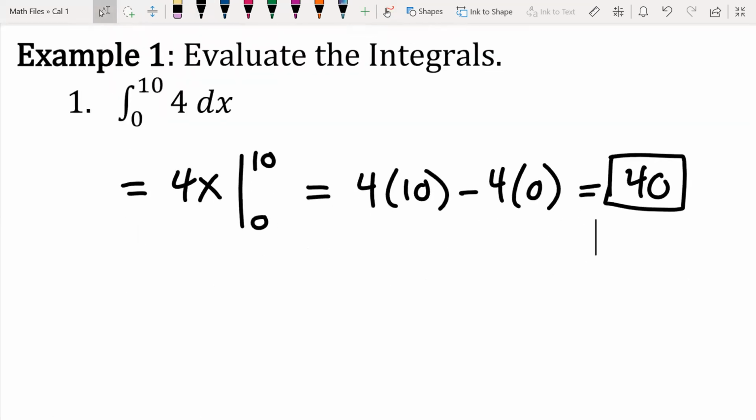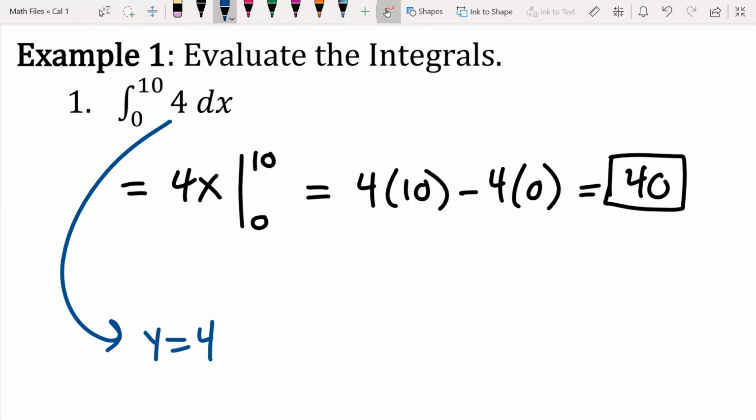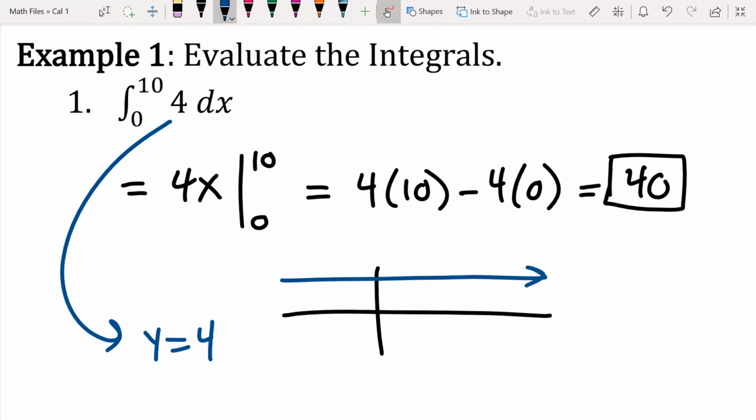And of course, what you are finding is the area underneath a given function on this interval. So if we look at this, this is actually y equals 4, which is, of course, the graph of a horizontal line. But here, we are evaluating on this interval, 0 to 10.